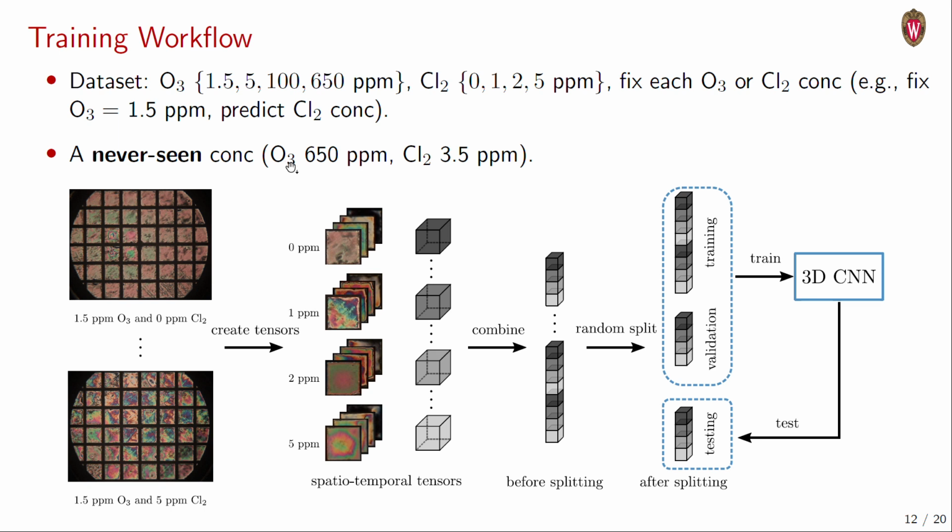For example, we fix the ozone concentration at 1.5 ppm and predict the chlorine concentration. To improve the robustness, we use a four-fold rotational data augmentation, that is rotating the x-y plane 90 degrees 3 times. We also use a never before seen concentration of 650 ppm ozone and 3.5 ppm of chlorine.